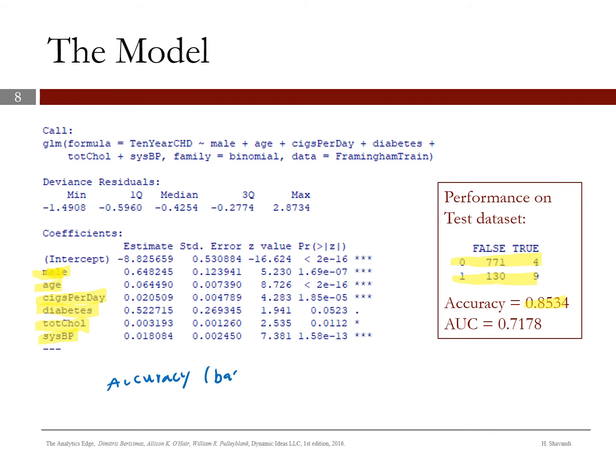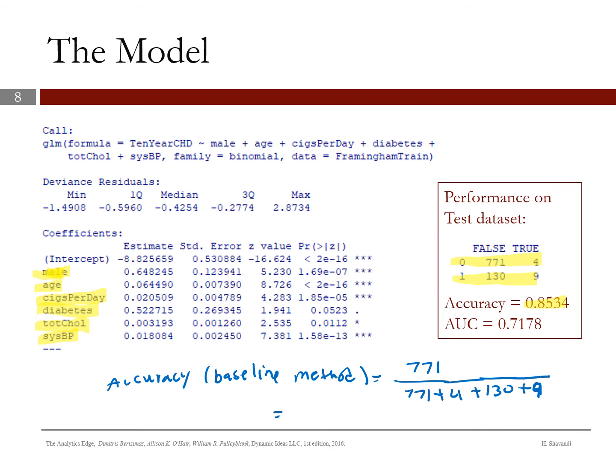So because of that, the accuracy of the baseline method would be 771 over 771 plus 4 plus 130 plus 9, right?